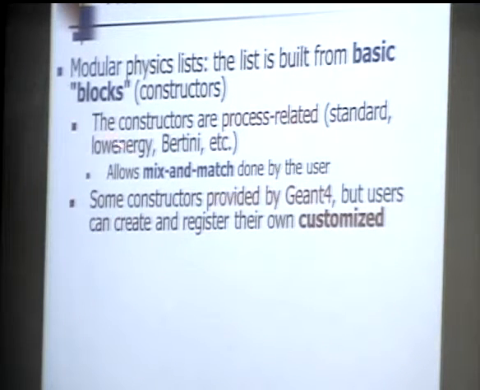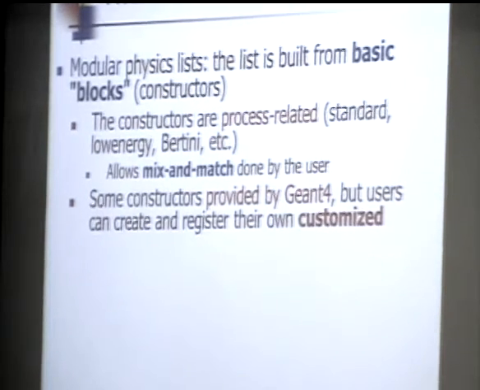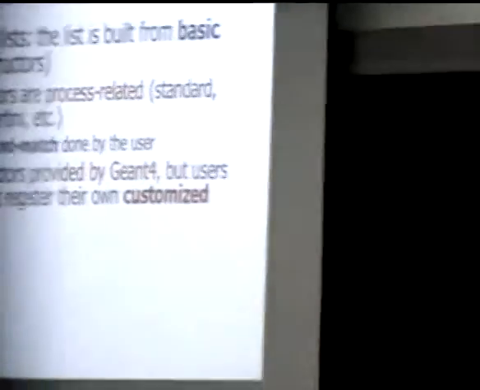For instance, you may have different versions of interactions for hadronic. Let's say for hadronic interactions, there are mainly two models that you can take into account for the low energy part, the so-called Bertini and the so-called binary cascade.